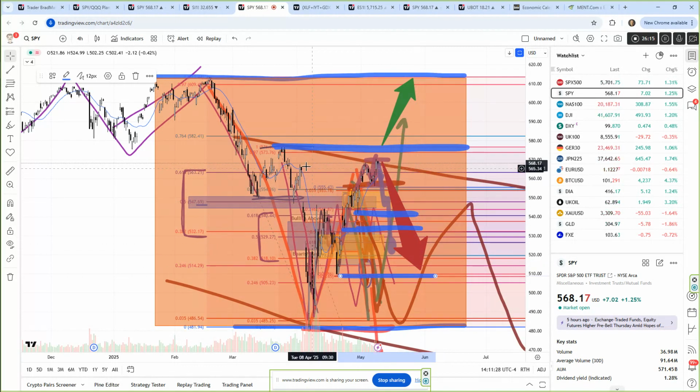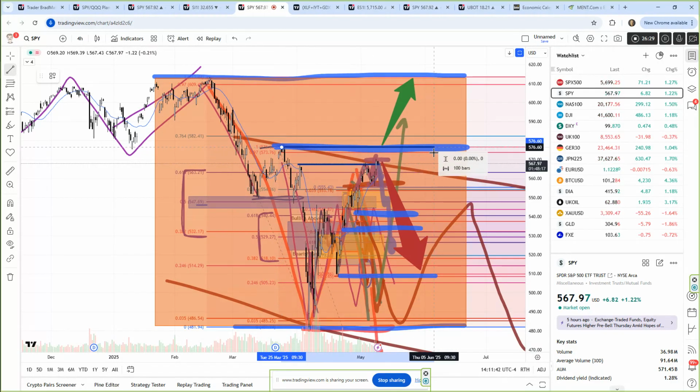So at this point, we got above this new high here. And the next new high to try to get above is really up in this area. And that puts us at 577 almost.